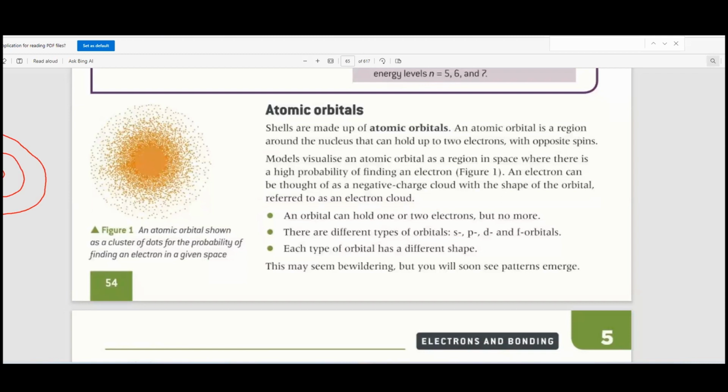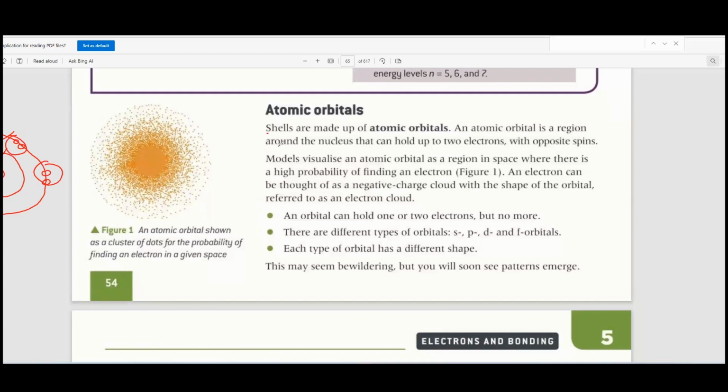Whenever we drew these quantum shells, we always drew two electrons together like this. These are shells: this is shell one, this is shell two. Shells are made up of atomic orbitals. These are small atomic orbitals.